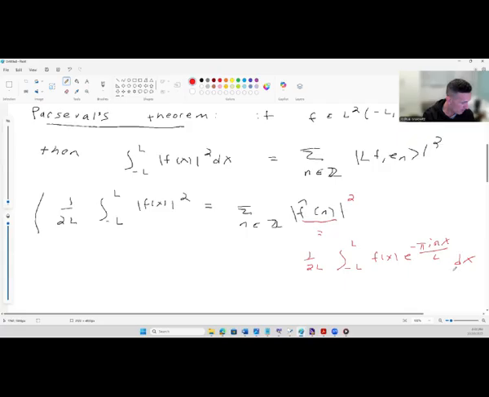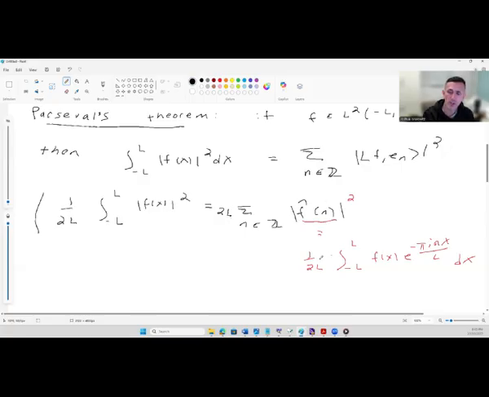Or rather, so it's going to be square root of, I'm missing a 2L here. Right.